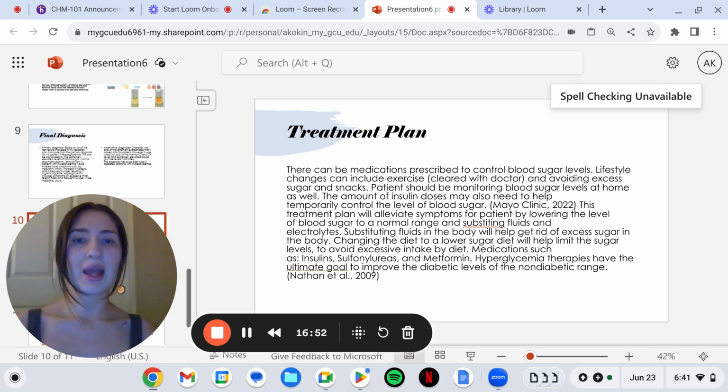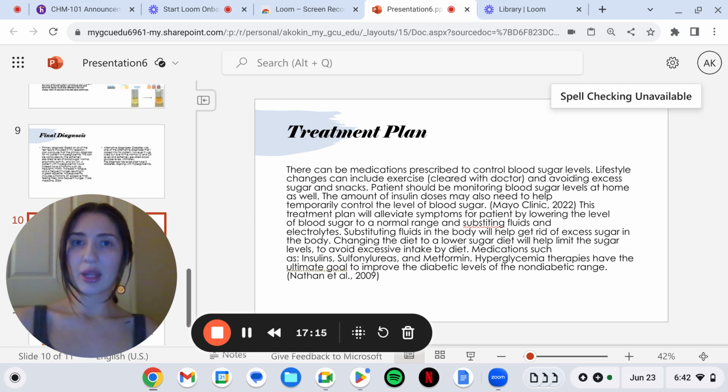I would also recommend my patient monitor her blood sugar levels at home as well. That way, if anything does start to spike, she can immediately make an appointment and we can move forward with further treatment.